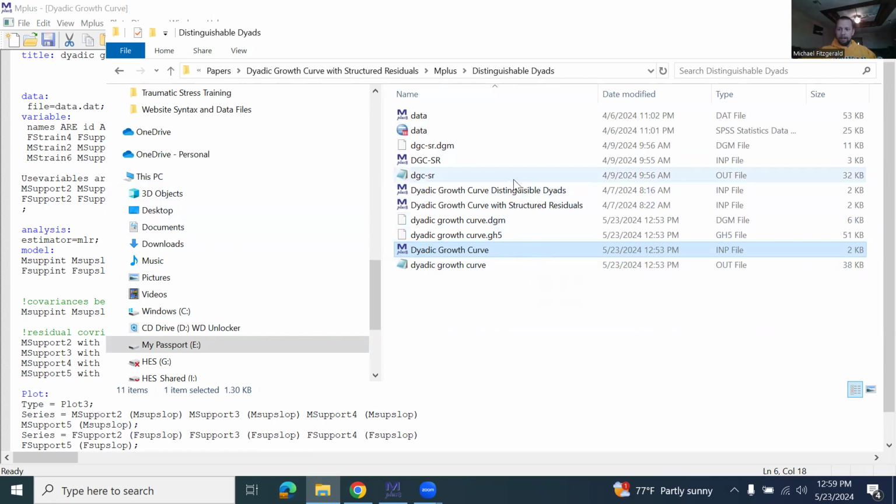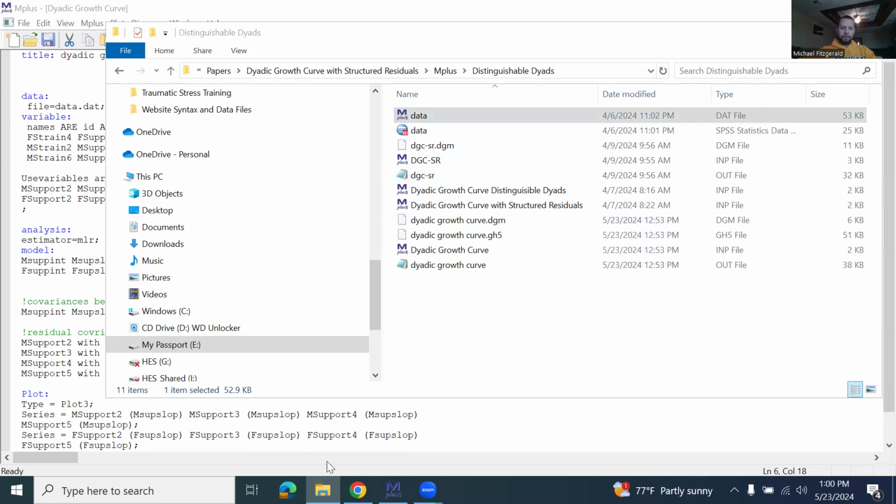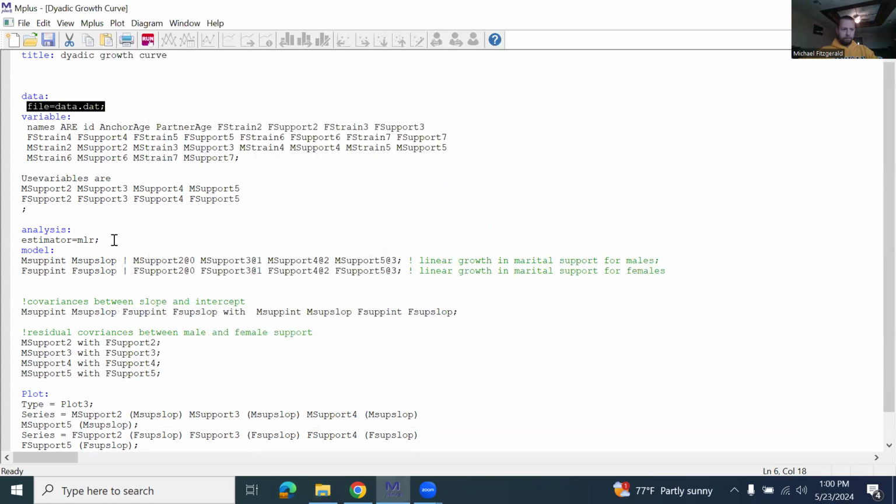All right. And so this is what I recommend. Otherwise, you're going to have to manually specify the path to where your data file is. I've always found it easier just to keep it all in one place.